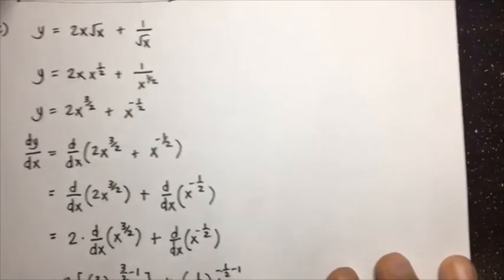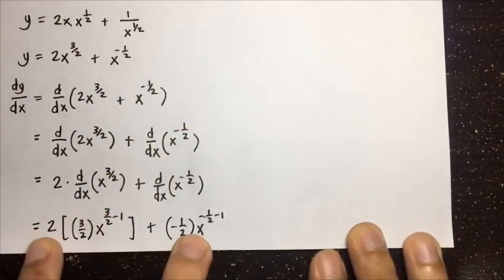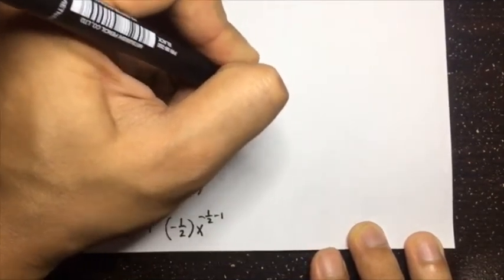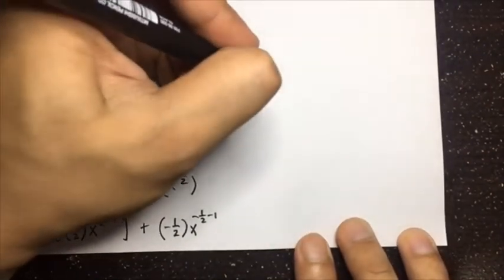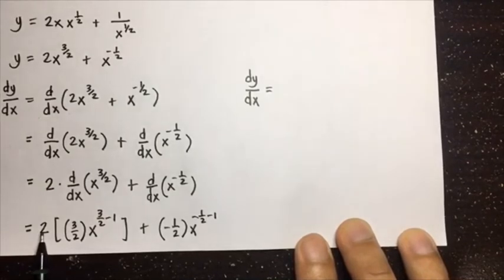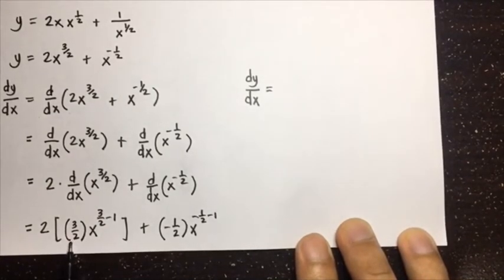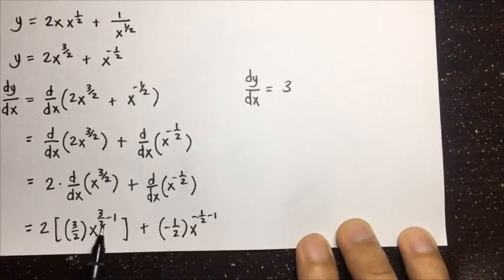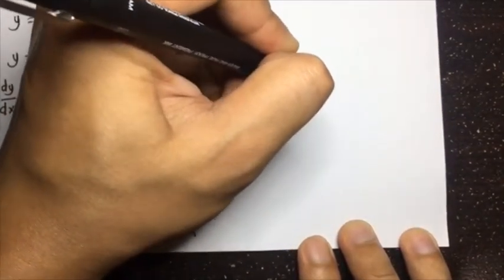Okay, so continuing. So here, we will simplify. So we have dy over dx is equal to, this will become 2 times 3 halves, that is 3, then x, 3 halves minus 1 is 1 half.